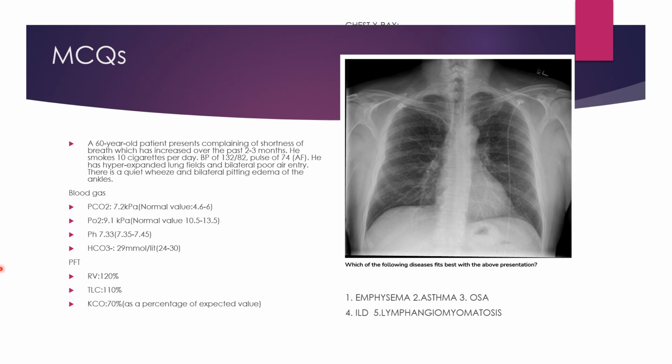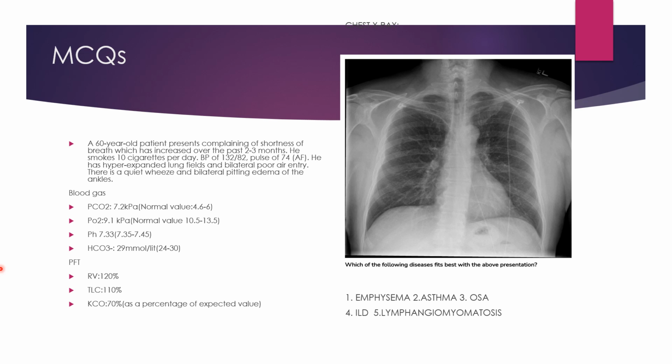If the expected value of a particular volume or capacity is 100%, then the value is given relative to that. Here the residual volume is given as 120%, which means it is 20% more than the expected value, so the residual volume is increased in this case. The same is true with the total lung capacity, which is 110%, so it is increased, and the transfer coefficient is 70%, which means it is decreased.